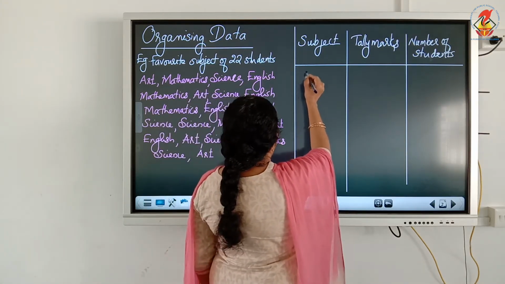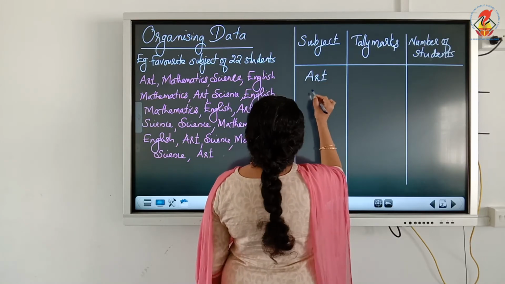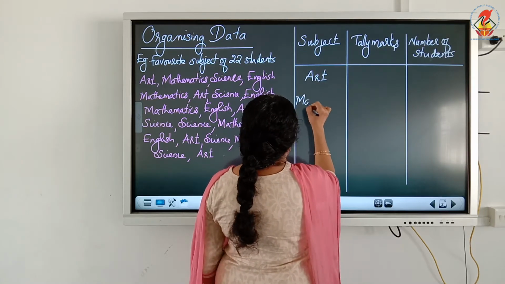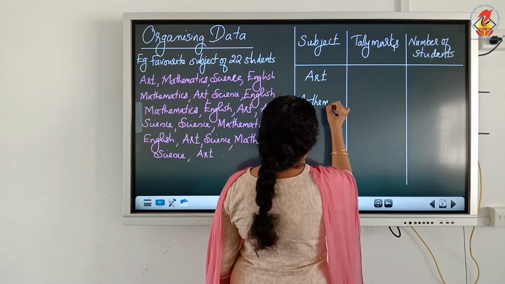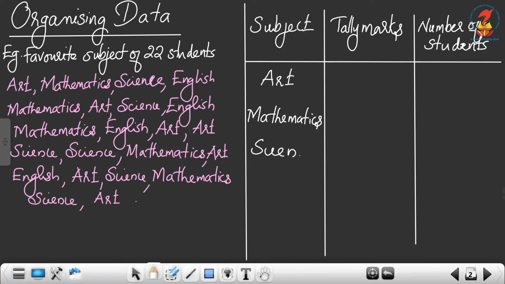Then subject: art, then mathematics, science, and English. Now we have to put the tally marks.